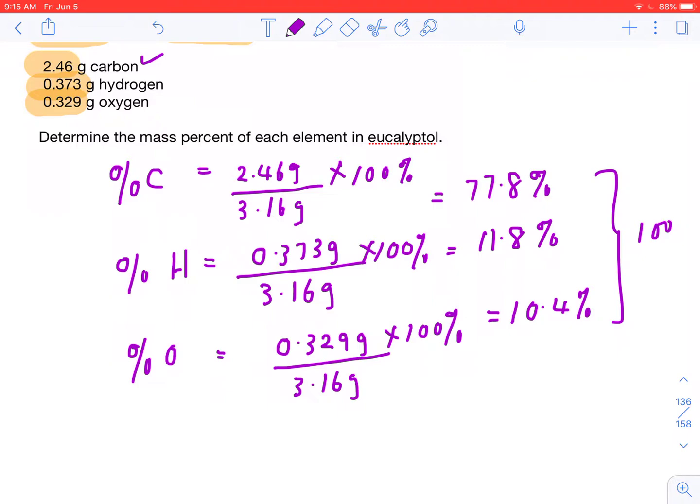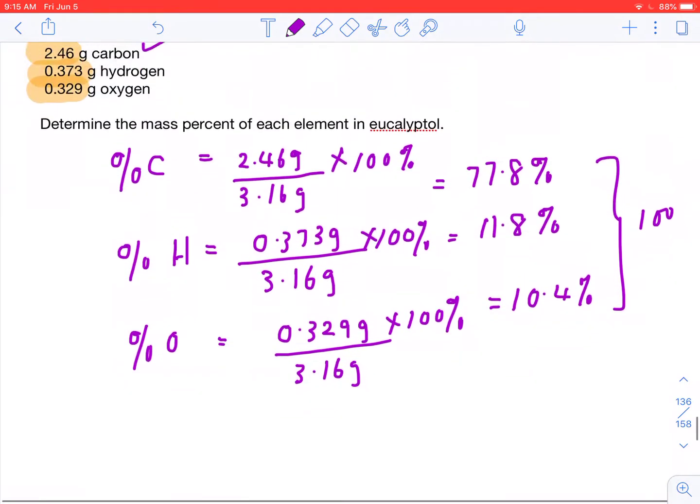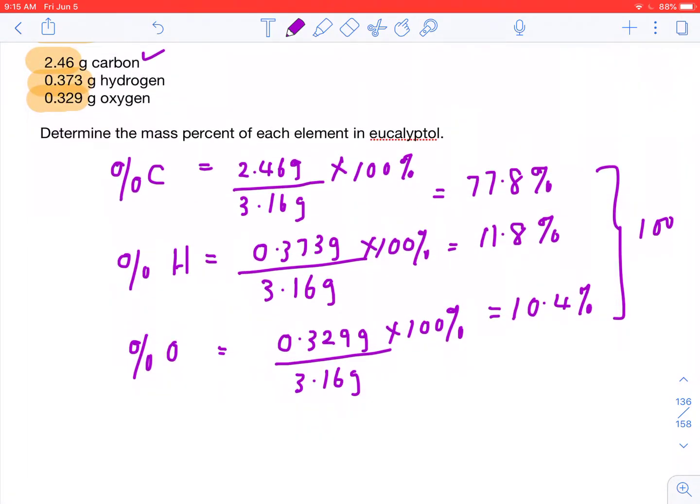Right, so here what we have is that we were given the formula of a compound and we needed to determine its percent composition in terms of mass.